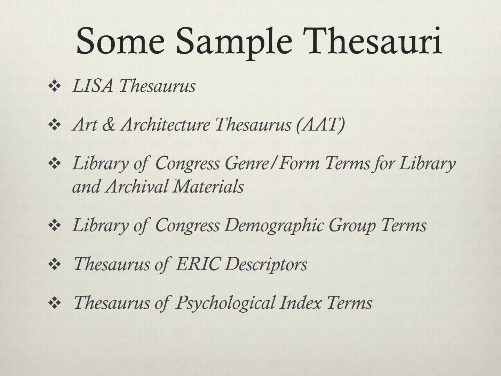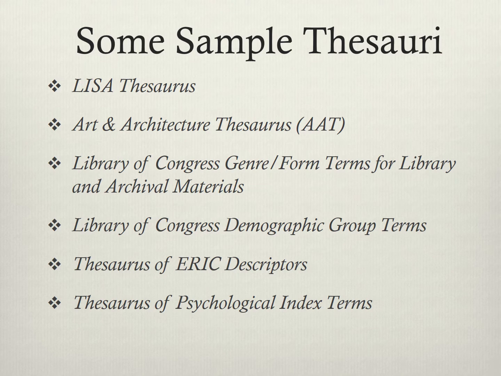Here is a list of some sample thesauri. These are ones you might encounter in indexing services or libraries, museums, and archives. And we're going to take a look at a couple of these today. The LIS thesaurus, Library and Information Science Abstracts, maybe we've already used it.